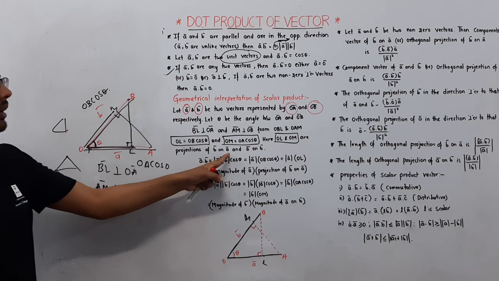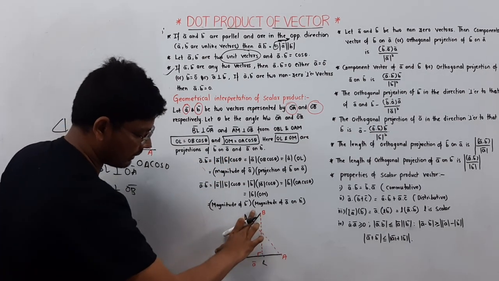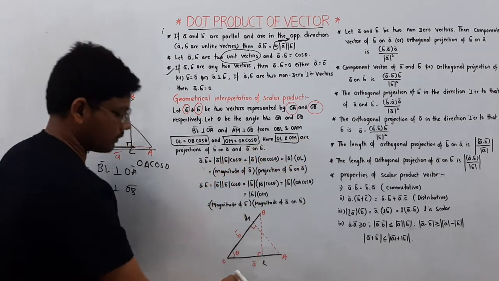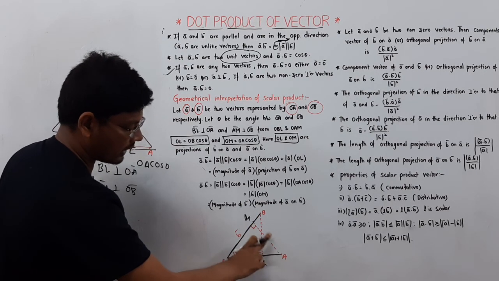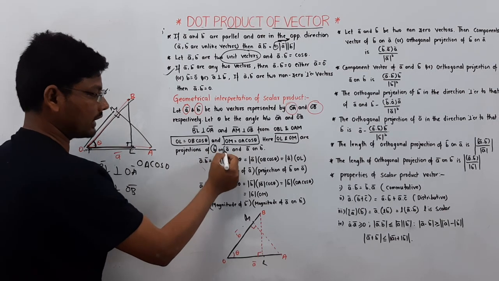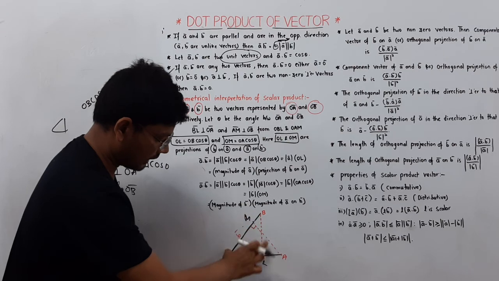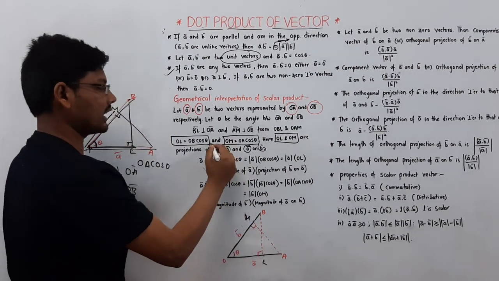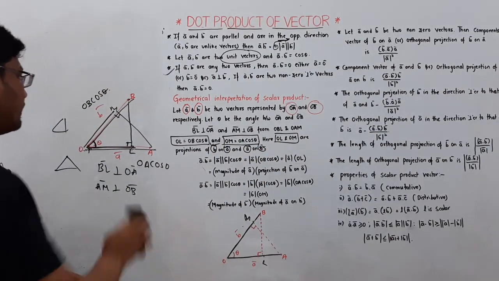OL is the projection of B bar on A bar, and OM is the projection of A bar on B bar. That is the condition here. So here we are given this condition for the diagram.